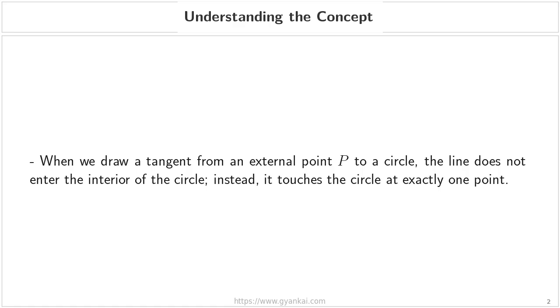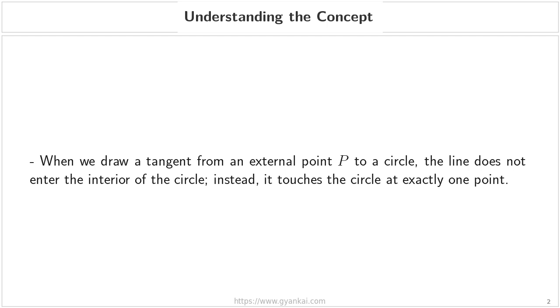Understanding the concept. Now that we've recalled from our previous slide that exactly two tangents can be drawn from an external point, let's look closer at what is actually happening when that line meets the circle. When we draw a tangent from an external point, which we will call point P, to a circle, notice that the line does not cut through or enter the interior of the circle at all.